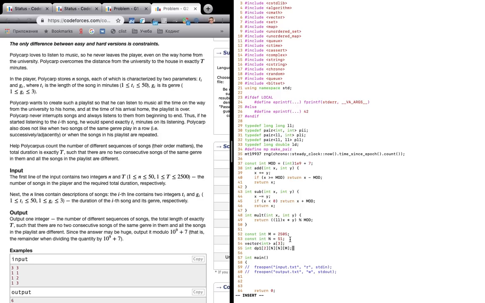It's much less actually, but oh, okay. Let's write a very good solution.